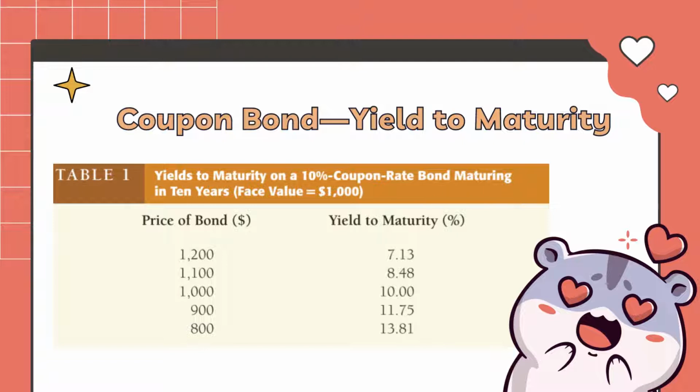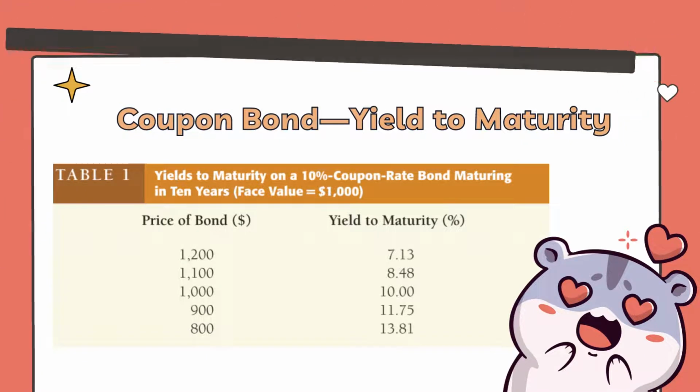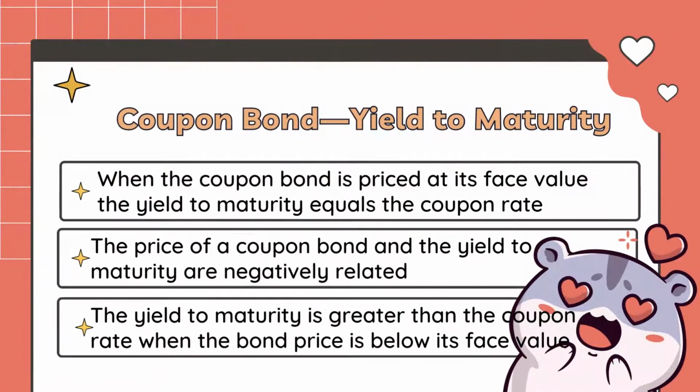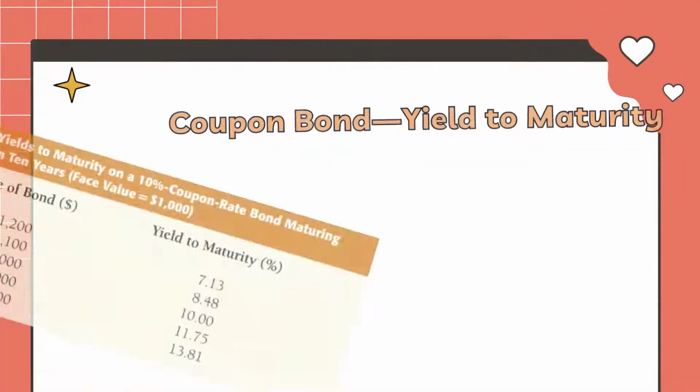So, ang yield to maturity natin is 10% and our coupon rate is 10% din. So, this table explains the concept of yield to maturity of the coupon bond. So, tandaan nyo lang din itong relationship ng ating coupon bond at ng ating yield to maturity.